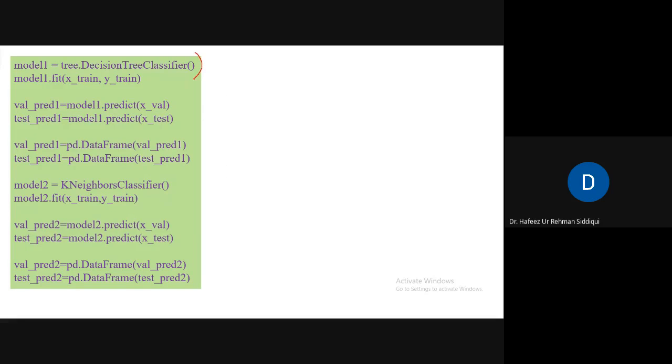Okay, look. This is model 1, a decision tree. You have a data set, X train and Y train. You have the data set, this is the train and this is the test.